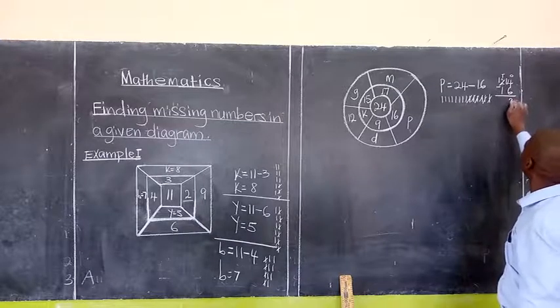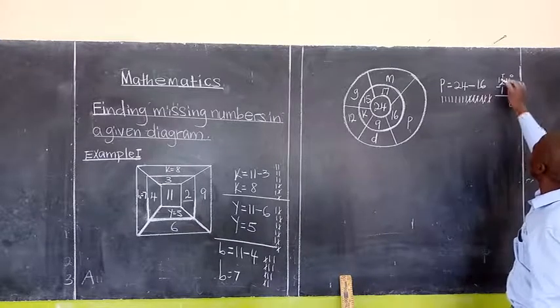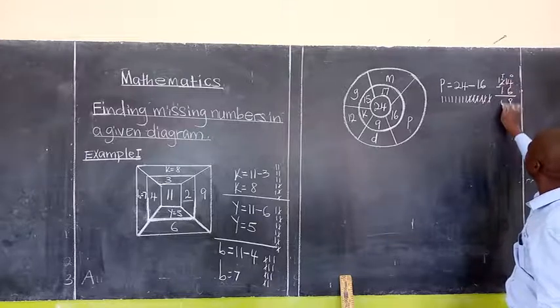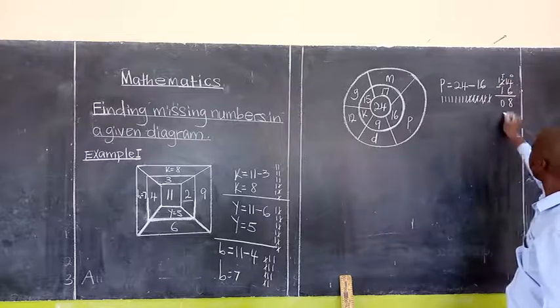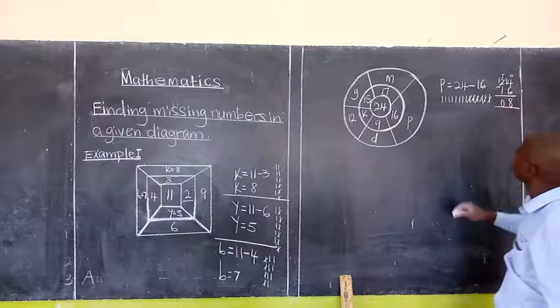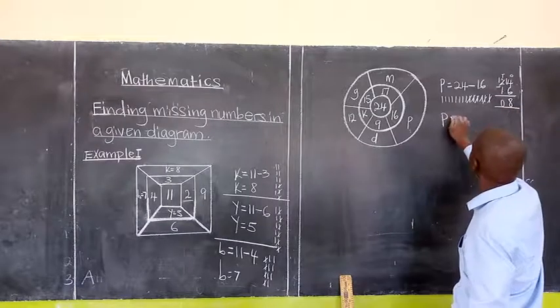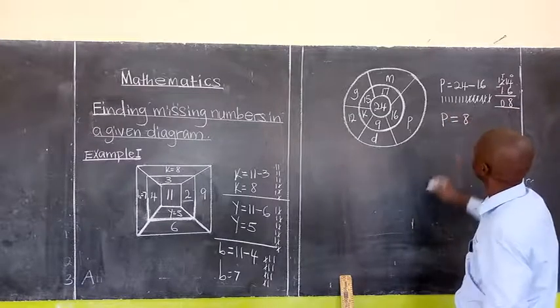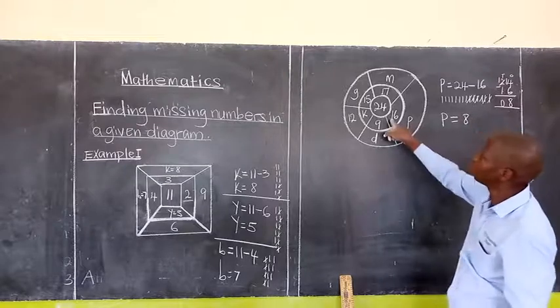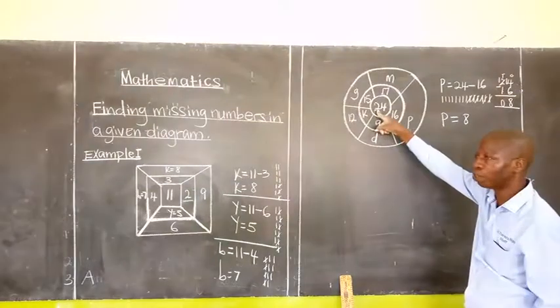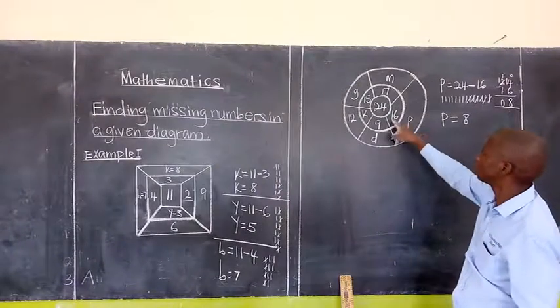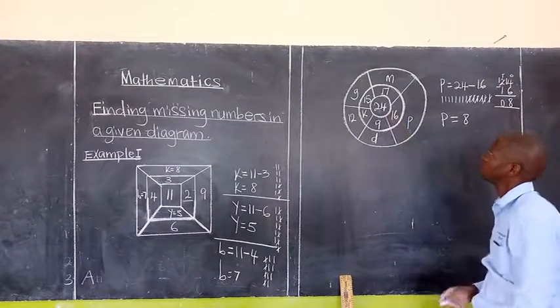So here we have 8. 1 take away 1, the answer is 0. So our answer is 8. So the value of P is 8. 8 plus 16, you end up getting 24.